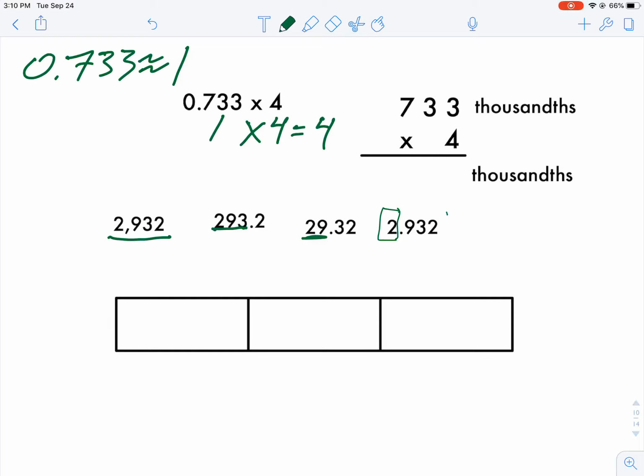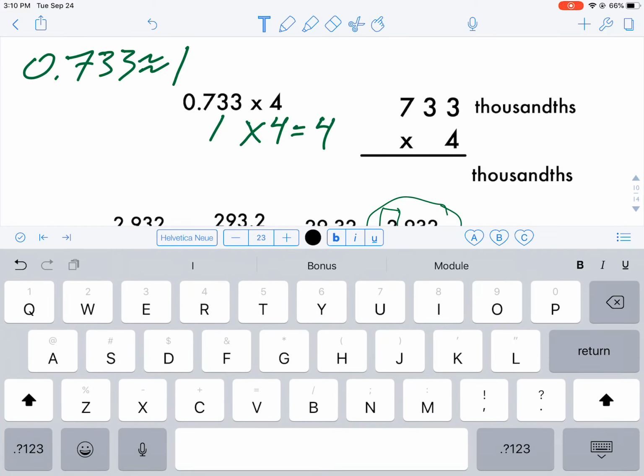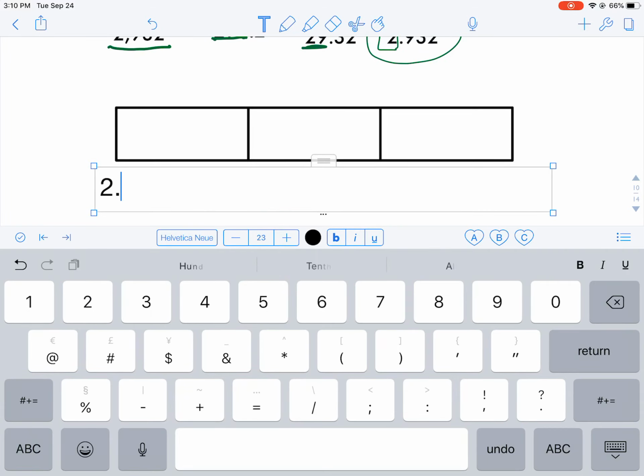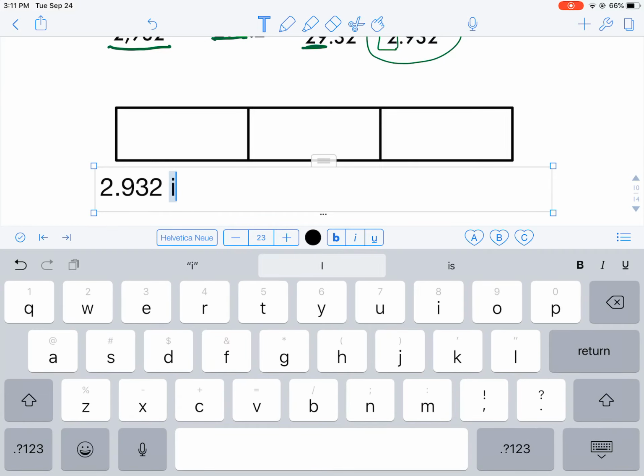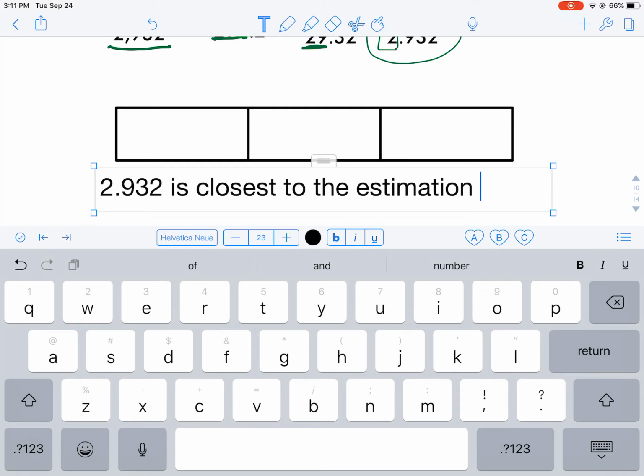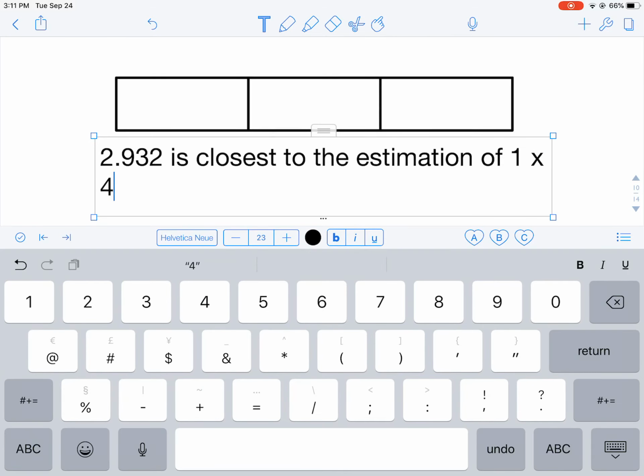So right there, our answer's there, and we can actually just write in 2,932 thousandths is closest, this is how I know, to the estimation of 1 times 4 equals 4.